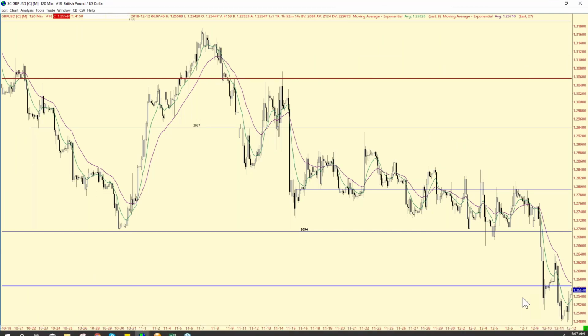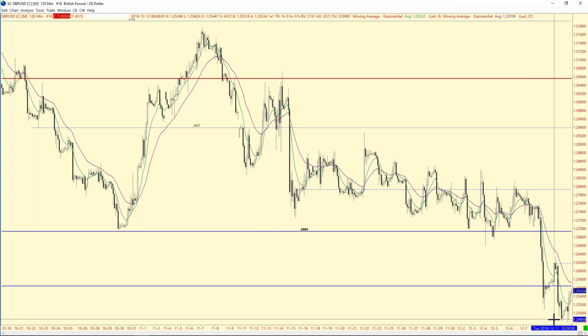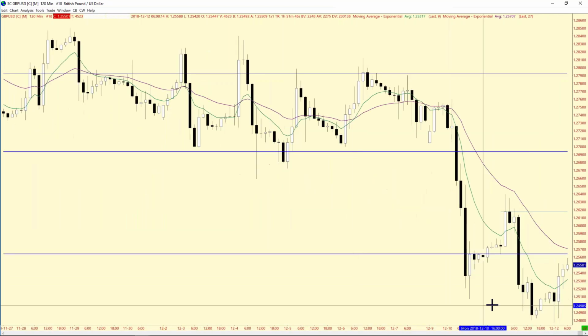And as far as support, support's going to come in right there. It's not saying a whole lot, but we've got 24.86. Here, there's actually a little bit further support right in here. Let's go right here, and you can see it right there.